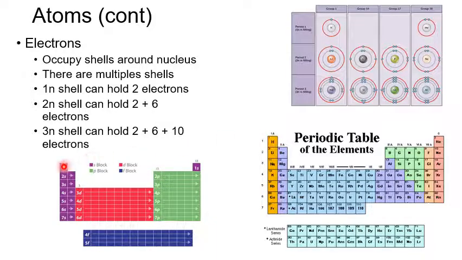It'll lose the electron here rather than gain one. Okay, but elements over here tend to want to readily share or give away their electrons, whereas elements over here want to gain. Okay, so let's take a look at the next slide.